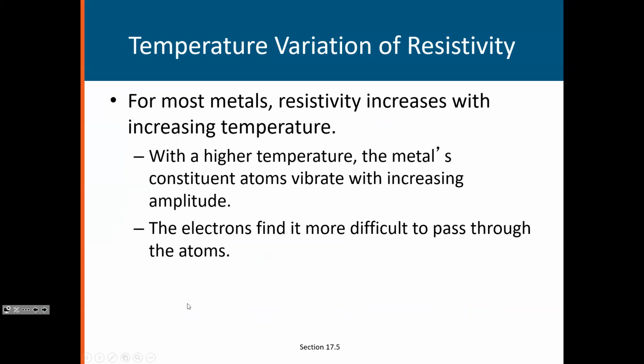Now this is another section, temperature variation of resistivity. Although we say the resistance for a metal, which is an ohmic device, is constant, however, if the temperature increases, the resistance will change. So there's a temperature variation of resistivity and resistance. For most metals, the resistivity increases with increasing temperature.